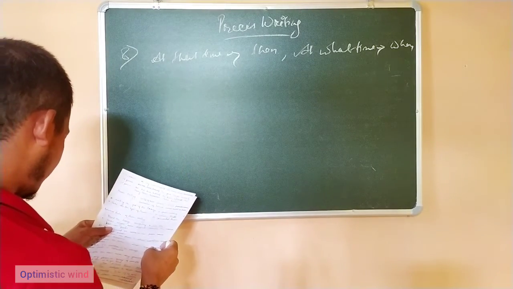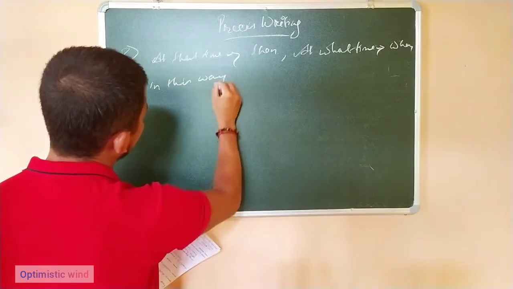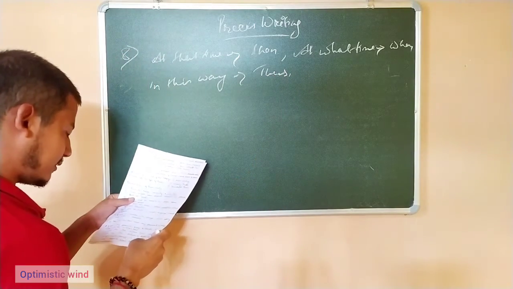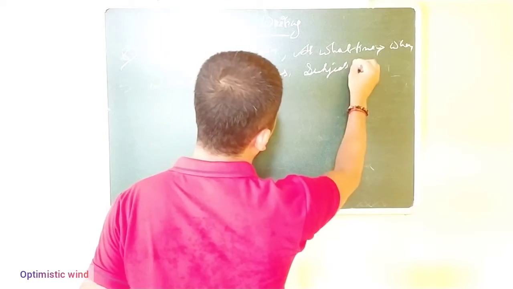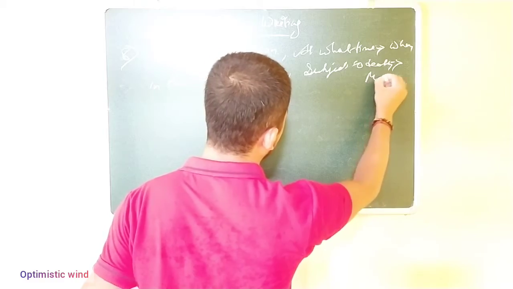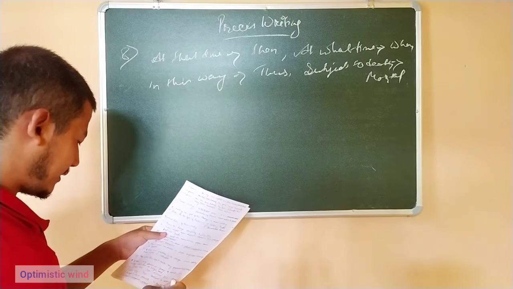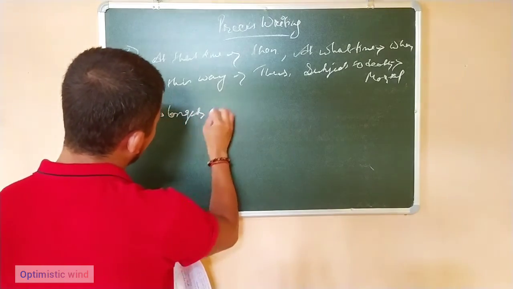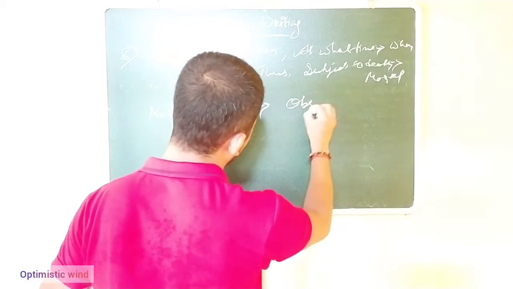In this way you can simply write "thus", then "subject to that, you can write it as a mortal", or say "no longer in use", it will be like "obsolete".